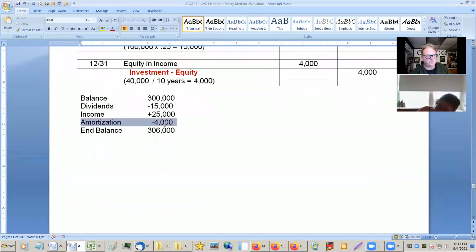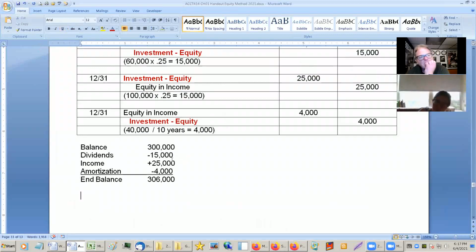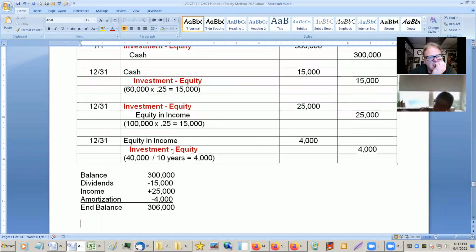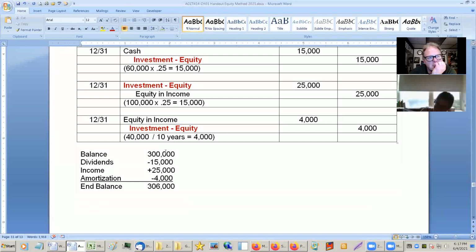Okay, now the question is, how much income did they actually make on the investment? Let's see. Is it just that we're just looking at equity income, right? Well, they made 25,000, but then subtracted out 4,000. Yes, you're right. Sorry, I see that now.